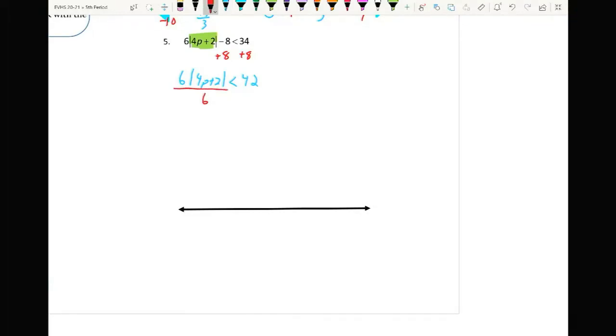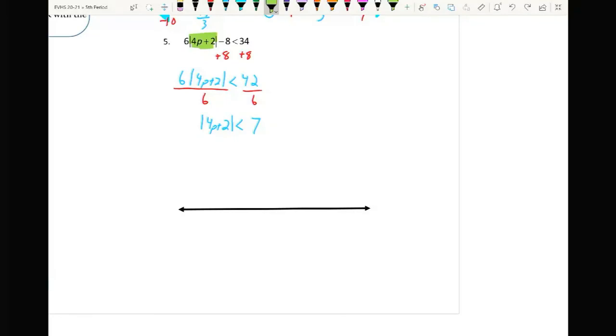Now we're going to divide everything by 6. Gives me the absolute value of 4p plus 2 is less than 42 divided by 6 is 7. Okay, now that we have this isolated, ooh, that does not look good with the blue on top of green.